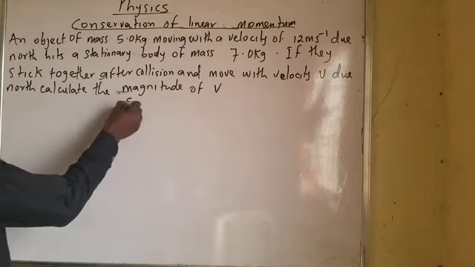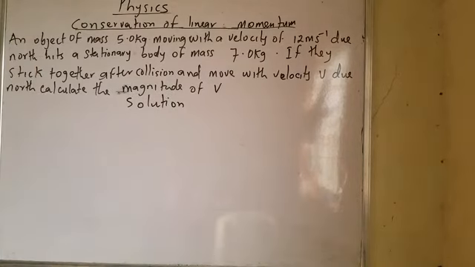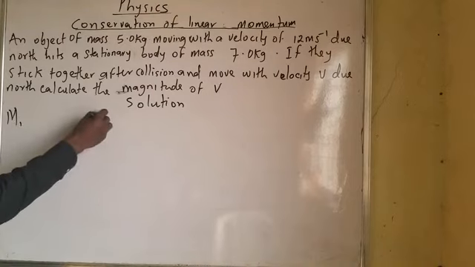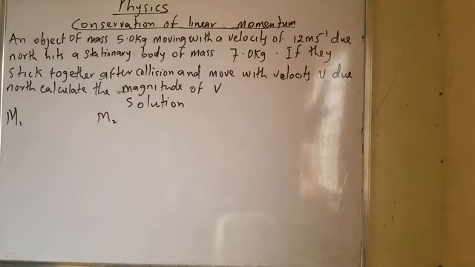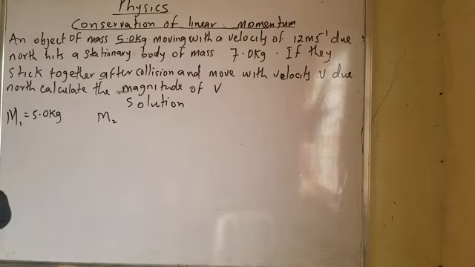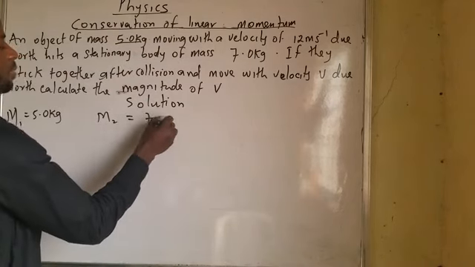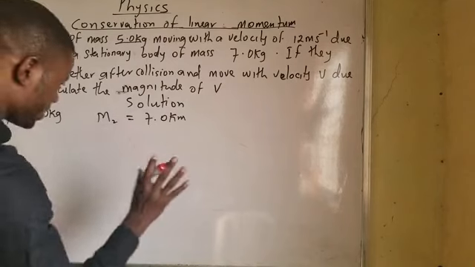Now, let's work on this question. I think by this you will be able to understand one or two things. The first thing to understand is that there are two masses, which I can call M1 and M2. M1 is equal to 5 kg, which is 5.0 kg. The second mass is a stationary body of mass 7 kg, just standing somewhere.